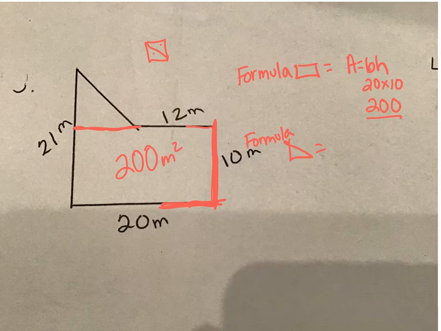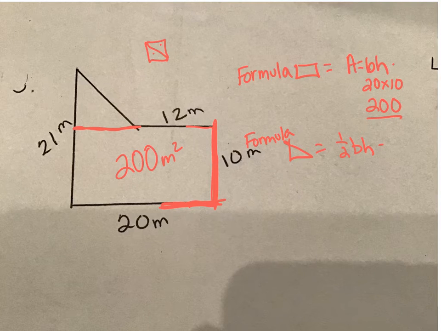So triangles are basically half of rectangles. So your formula is often written 1/2 base times height, because your triangles are half of rectangles. That's how you can remember that. If you know your rectangle's base times height, your triangle's half of that.